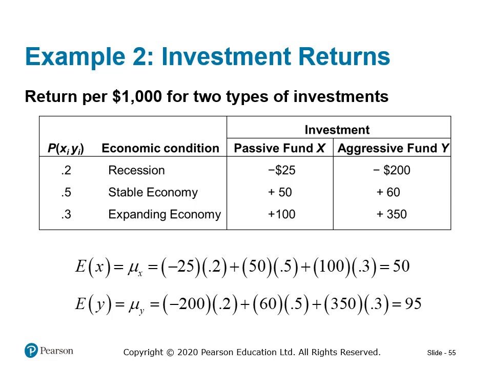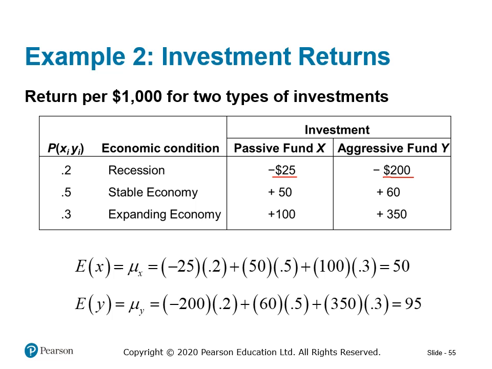Okay. So let's say I'm going to invest in two types of funds. The return per $1,000 for the two types of funds is as follows. I have my passive fund X and I have my aggressive fund Y. If a recession occurs, my passive fund is going to lose $25, and my aggressive fund is going to lose $200.